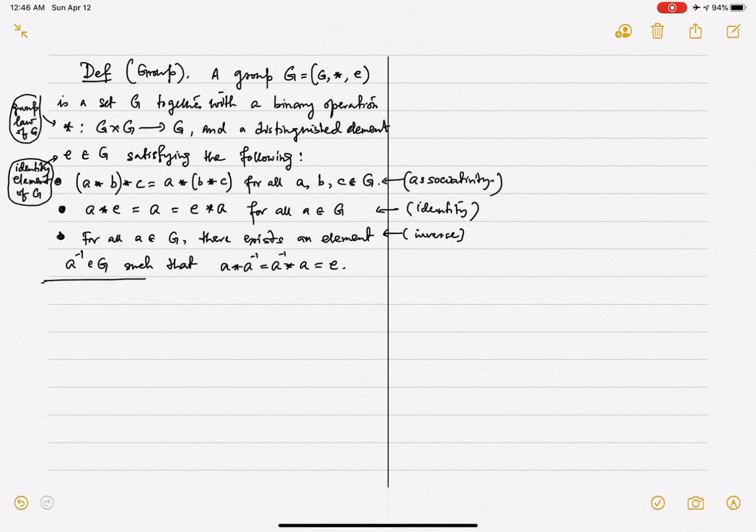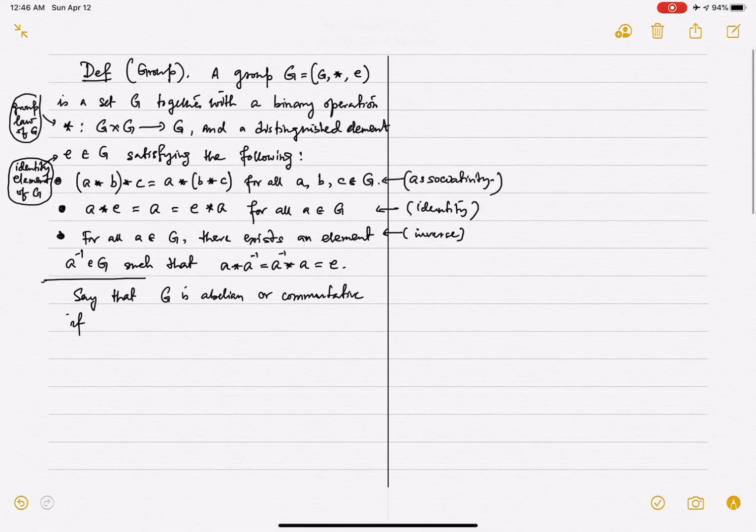We say that G is abelian, or commutative, if, so that's the new word, if A times B is B times A for all A, B in G.